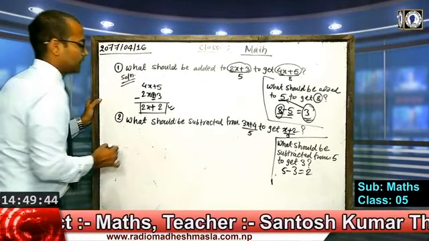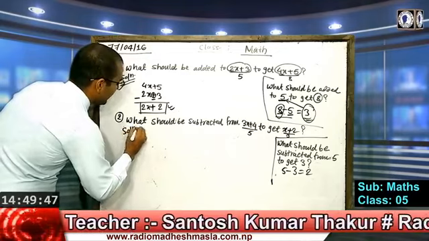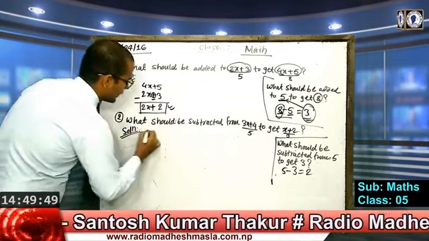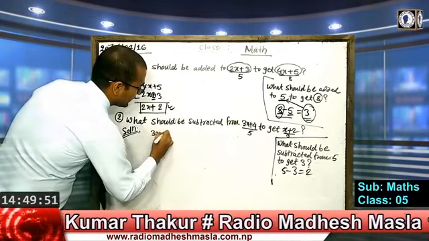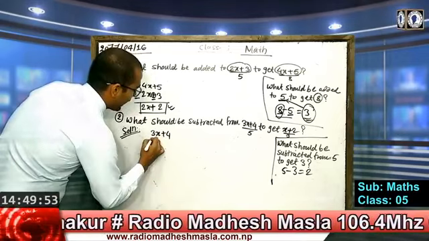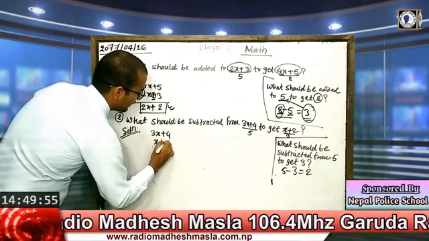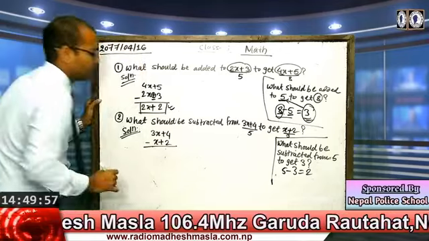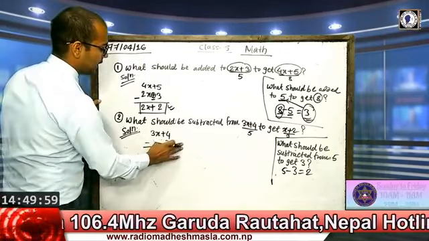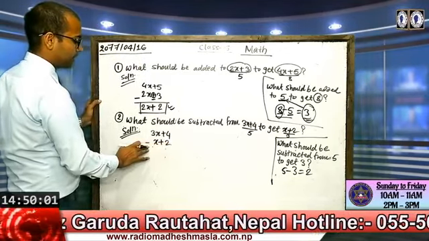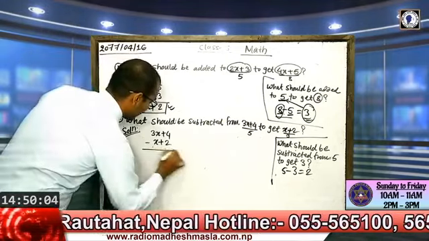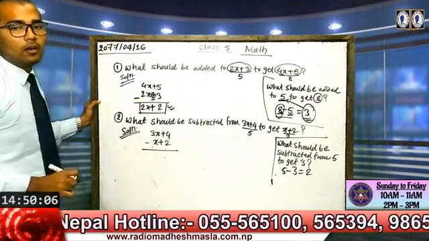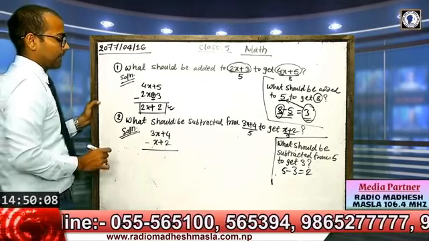So for the solution, we have 3x plus 4 and x plus 2. We should arrange them according to their like terms, and then change the signs of what is given, and then subtract them.